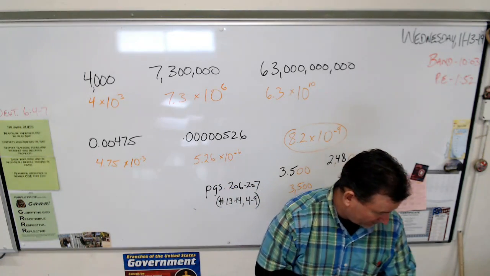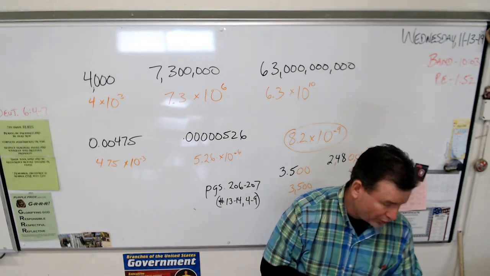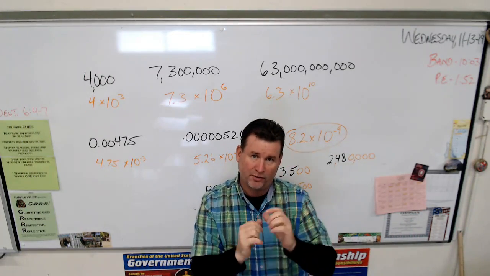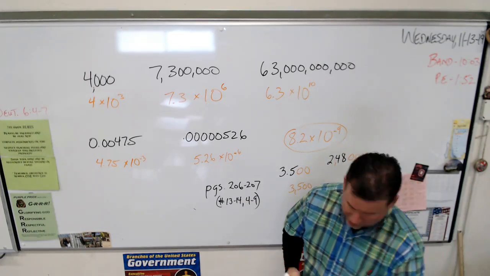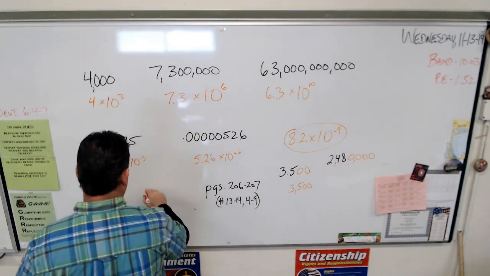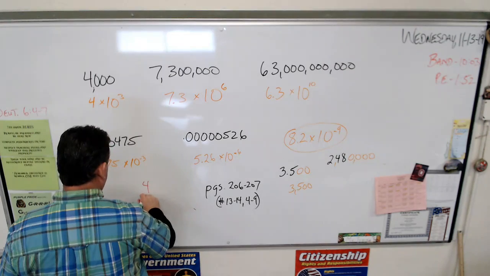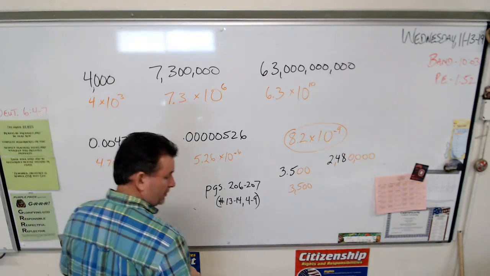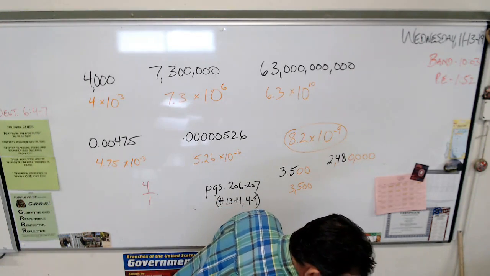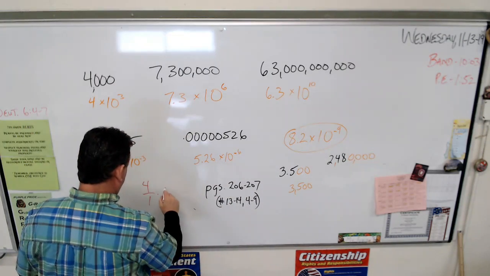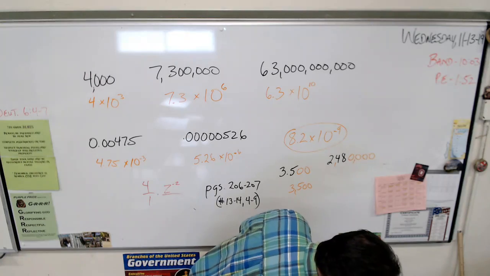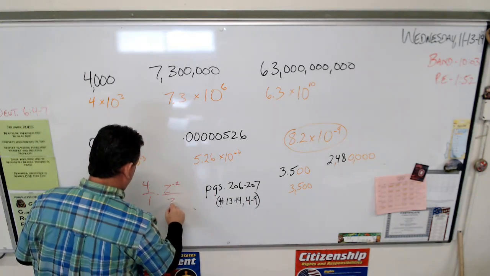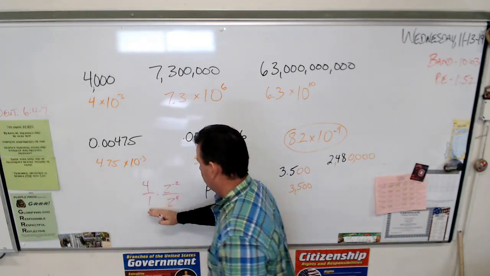Number 18. Just look at the z's and their powers, because number 18 could actually be written like this. 4 over 1 times z to the -2 over z to the 4th. Right?